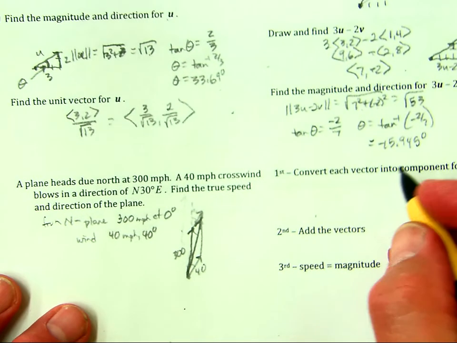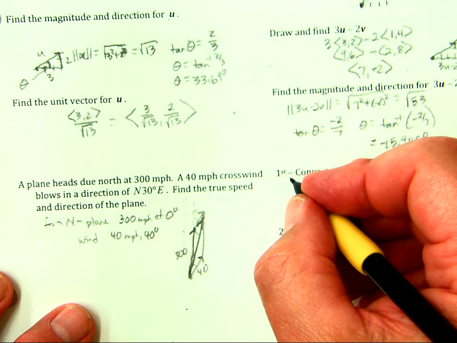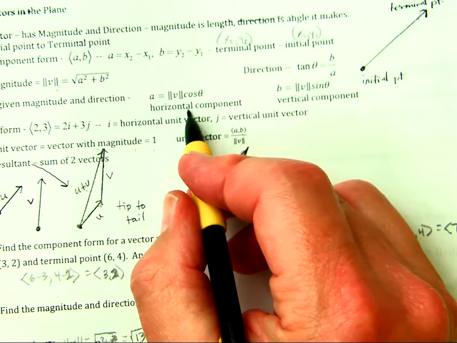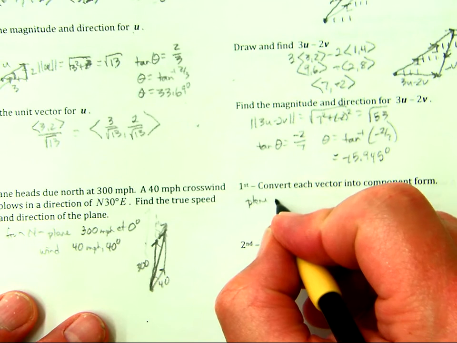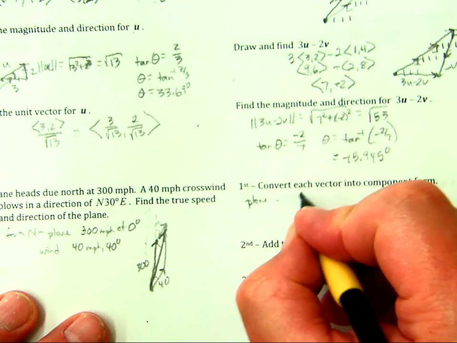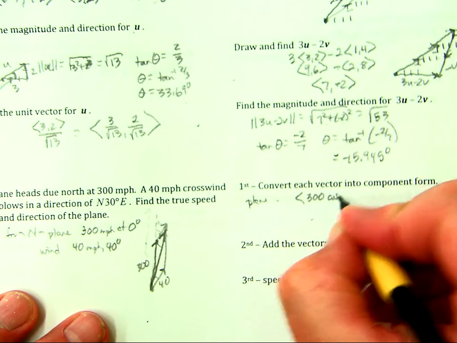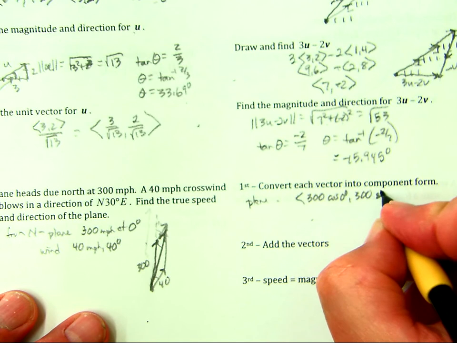So if we put that in component form for the plane, remember, component form, the horizontal is the magnitude times the cosine of theta. For the plane, its airspeed, the component form would be 300 cosine of 0, comma 300 sine of 0.